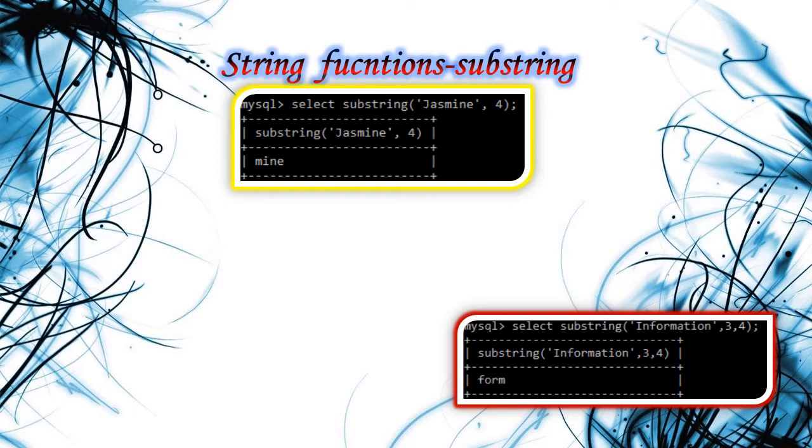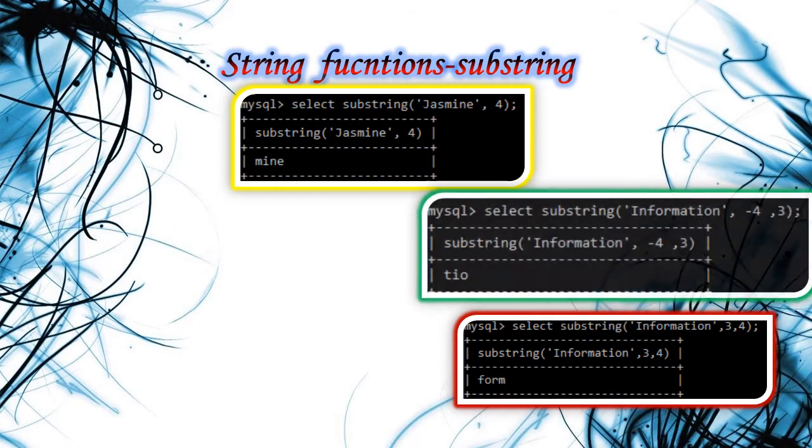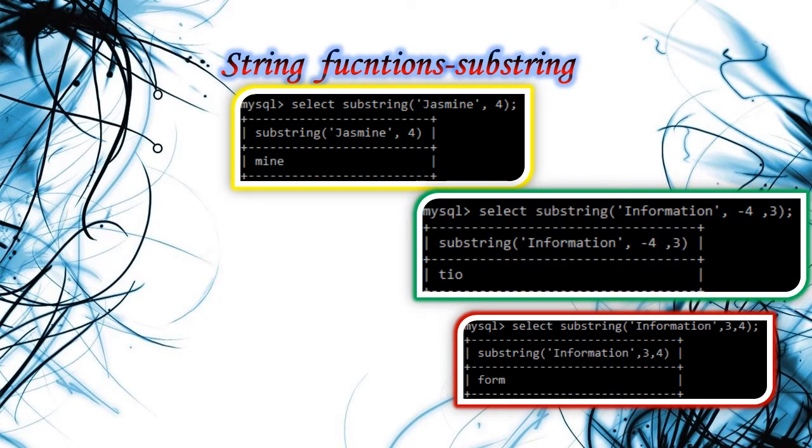Next we are giving information 3 comma 4. That means from the third position onwards, the number of letters we have to fetch is 4. So third place, F letter is there. From that, F O R M, number of letters 4 are extracted. And if you are giving minus 4 comma 3, it means from the last.